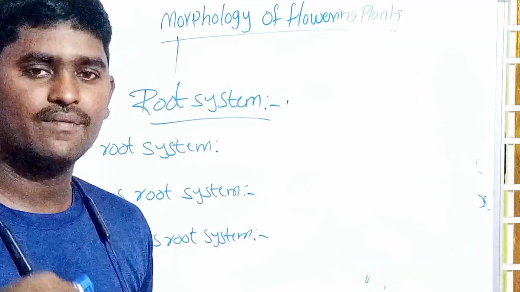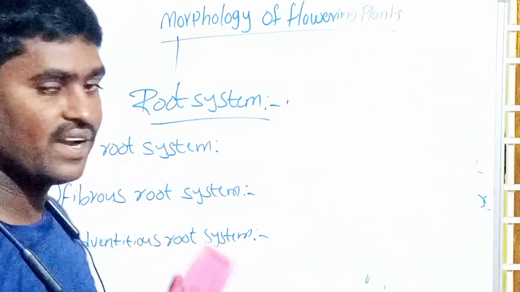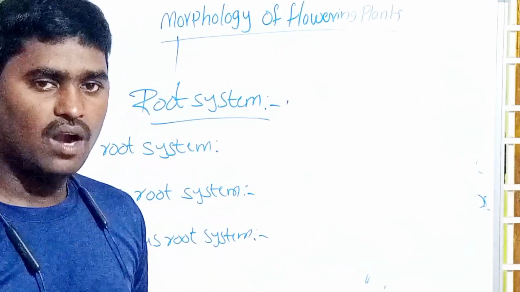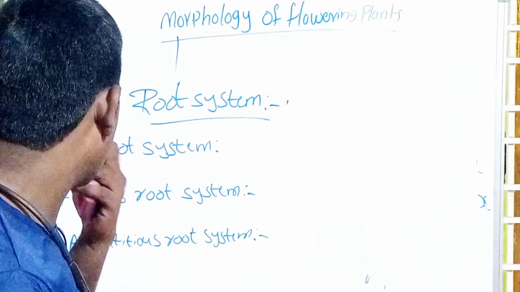First one is the taproot system. Second one is the fibrous root system. Third one is the adventitious root system.